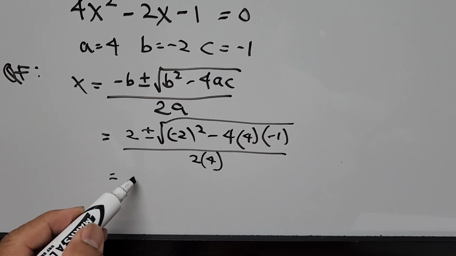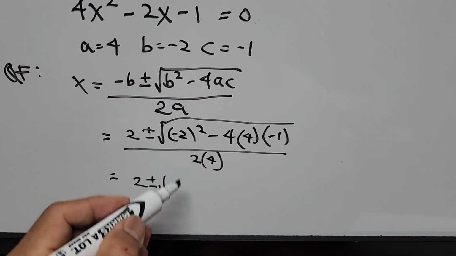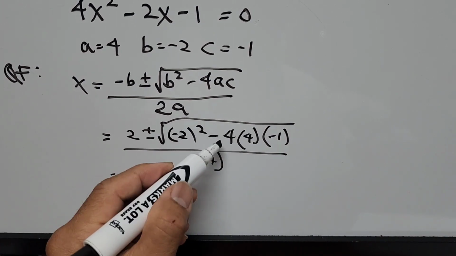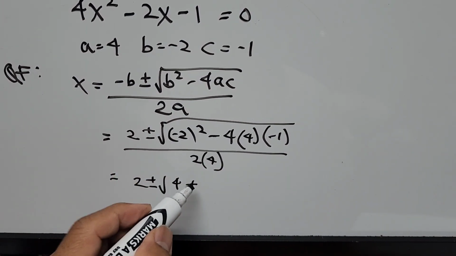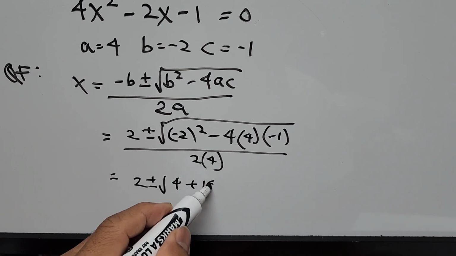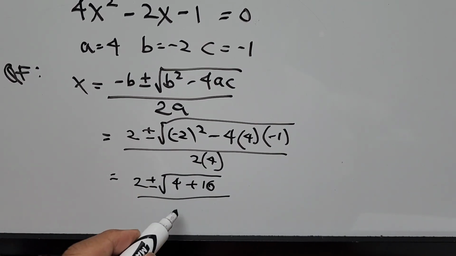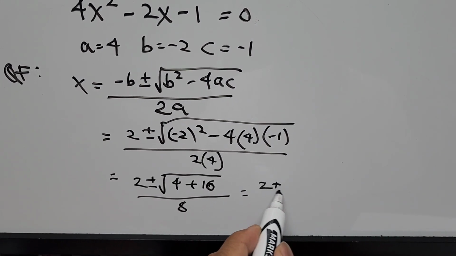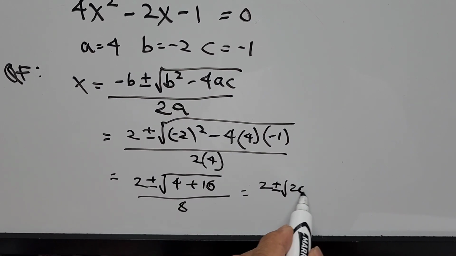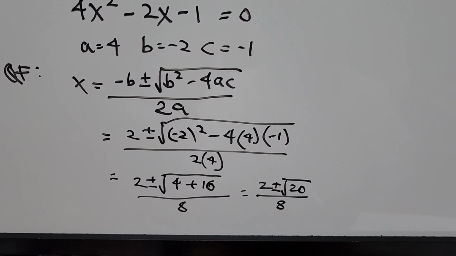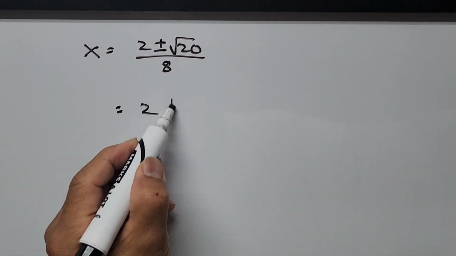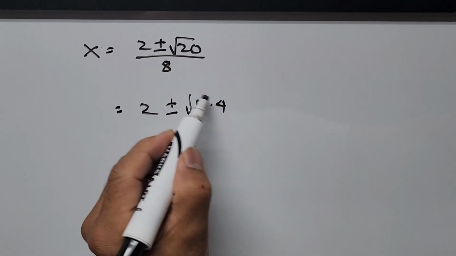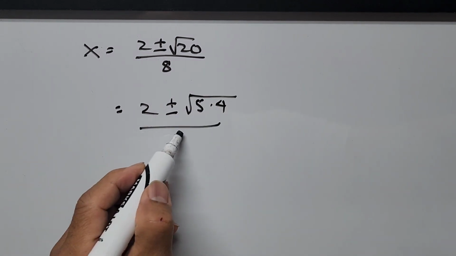Simplifying this further, we have 2 plus or minus the square root of (-2) squared, that's 4. Then we have minus 4 times 4 times -1, and the minus signs give a positive, so 4 times 4 is 16. Divided by 2 times 4, that's 8.